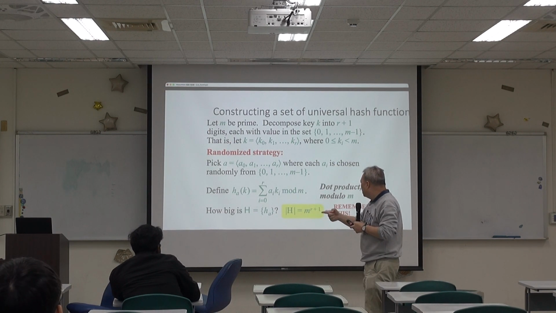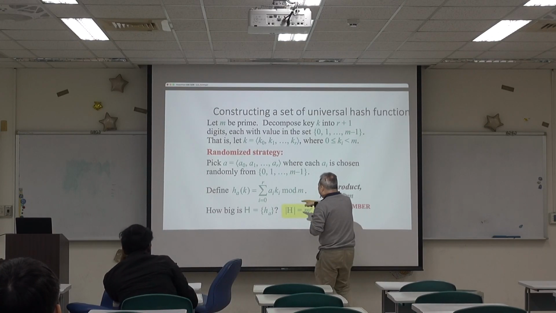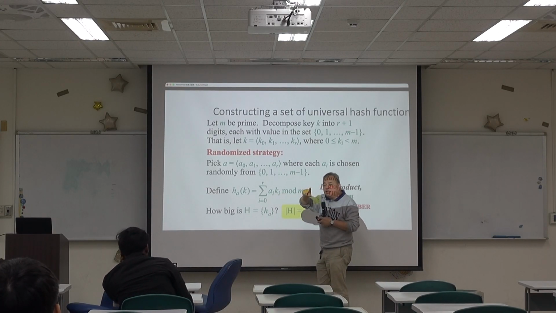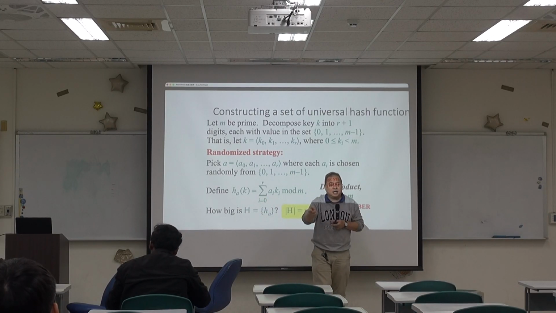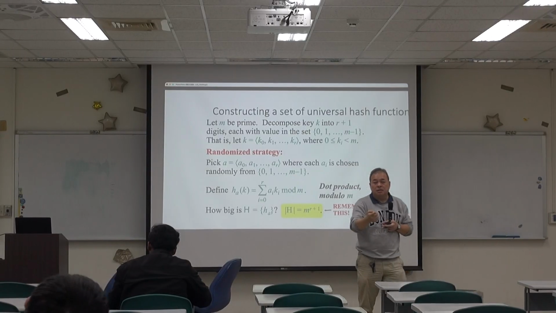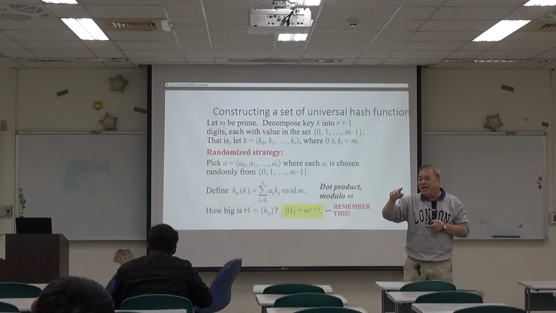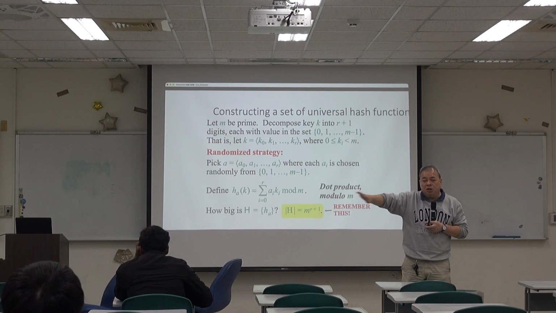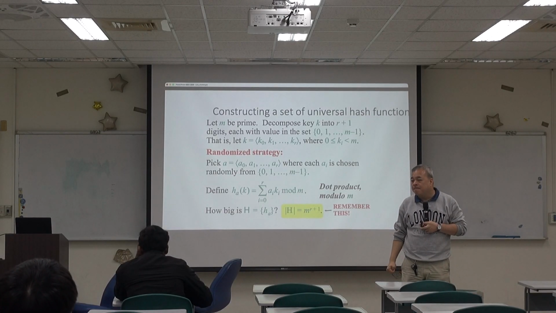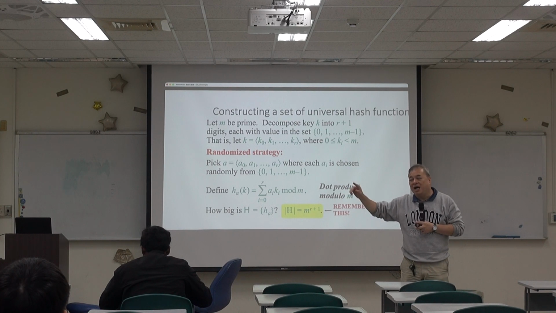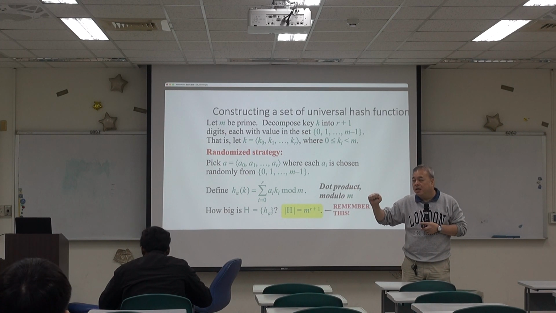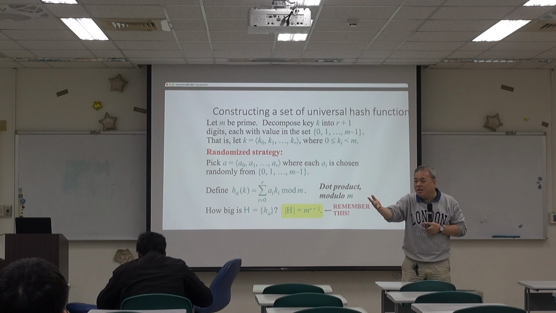Because once these a_i are determined, this hash function is determined, right? Any question with that? The variables of this hash function are the a_i, the a_0, a_1, a_2, and so on to a_r. And for each a_i, how many choices are there?